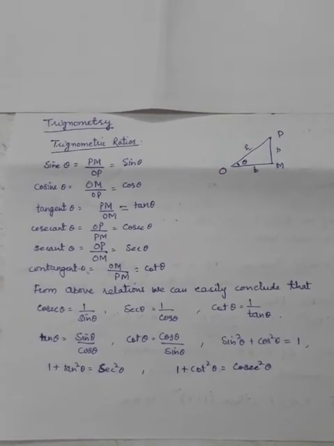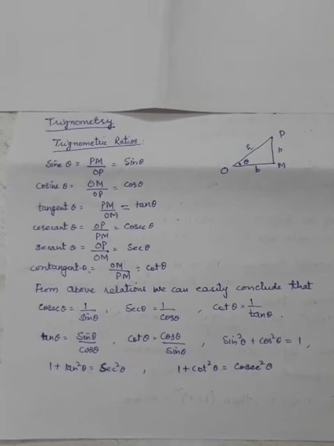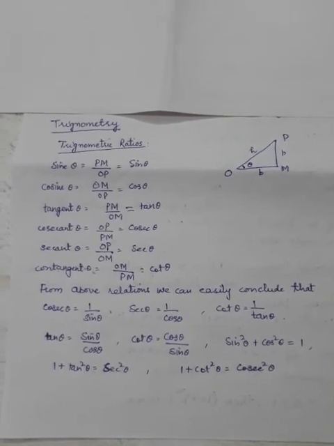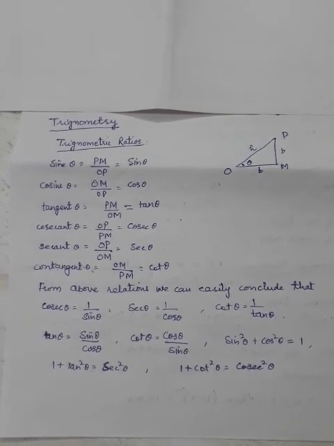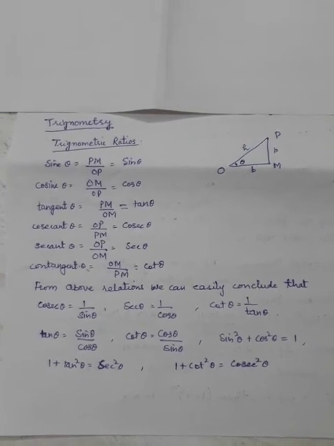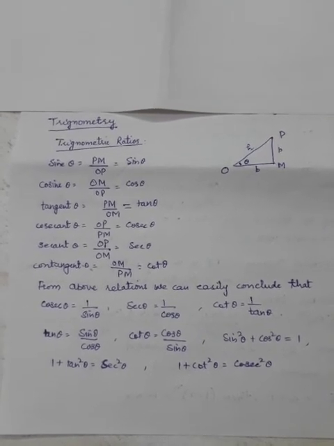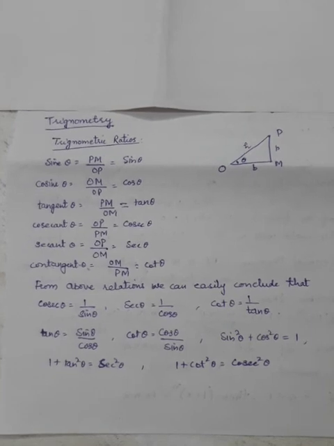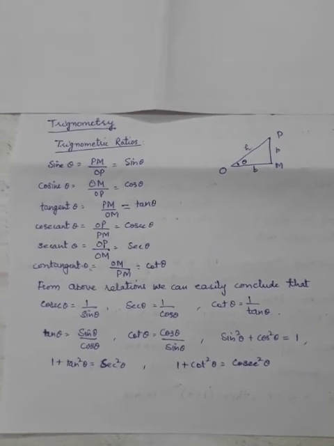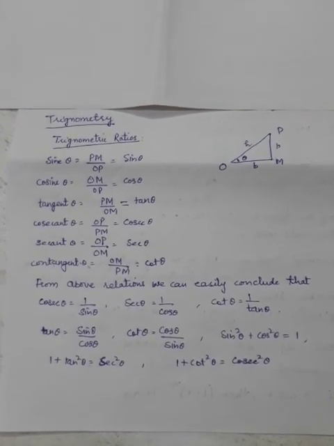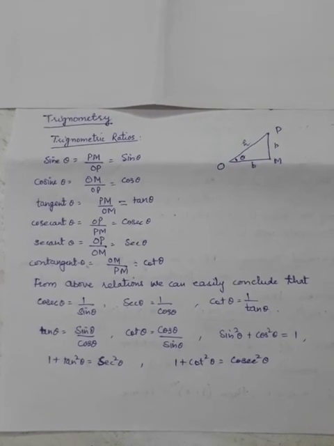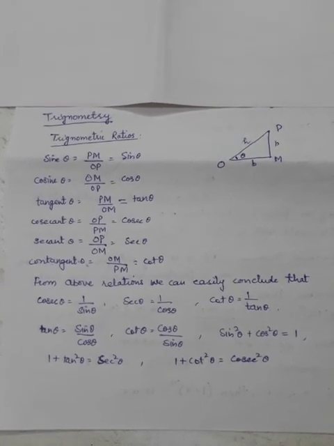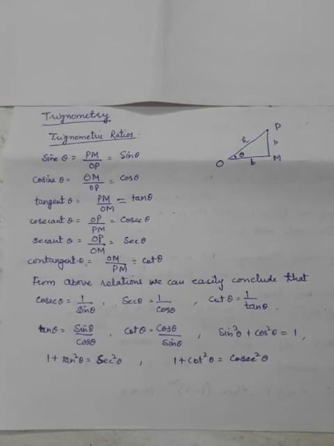In the next video I'll be discussing how to calculate the values of bigger angles. For example, till now you know the values up to 90 degree. If I say cos 45 degree, you will be telling me, sir, it is 1 upon root 2. If I say what is the value of sin 30 degree, you will be saying, sir, it is 1 upon 2.